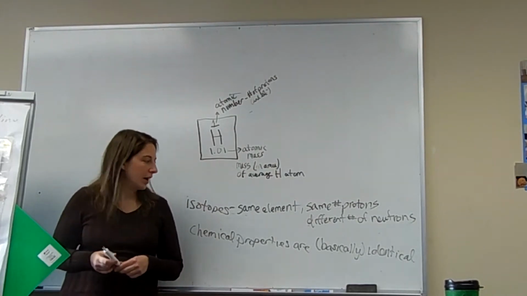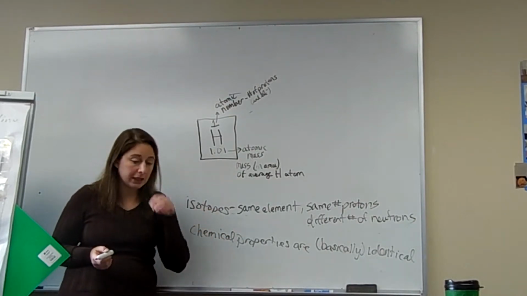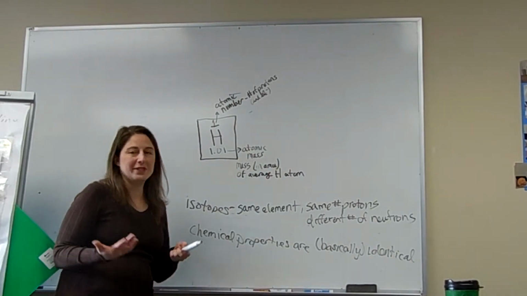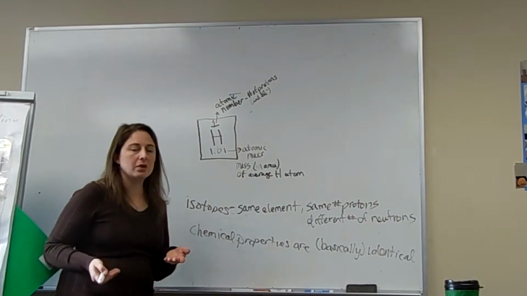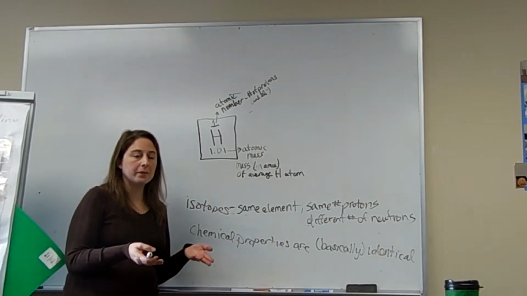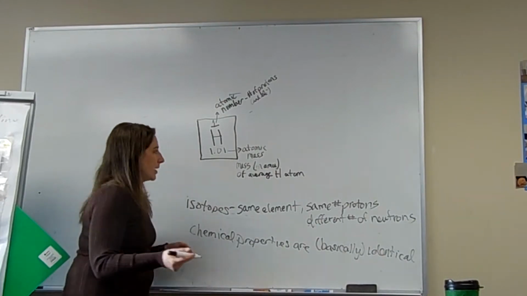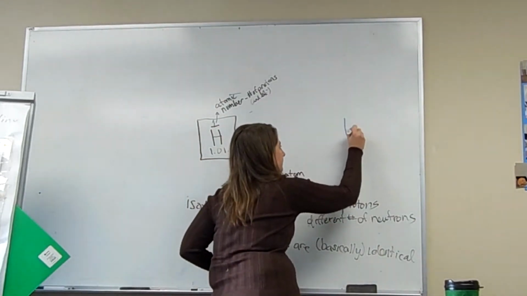Isotopes can be isolated, and in nuclear chemistry, that's kind of the whole deal, trying to enrich a sample of, for example, uranium. 238 is the most common isotope of uranium, and that is maybe instructive.